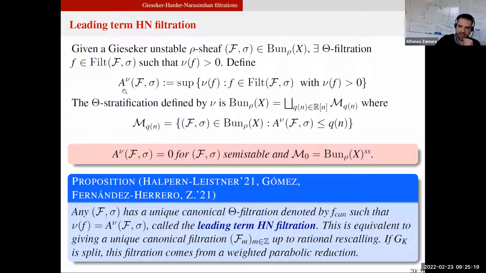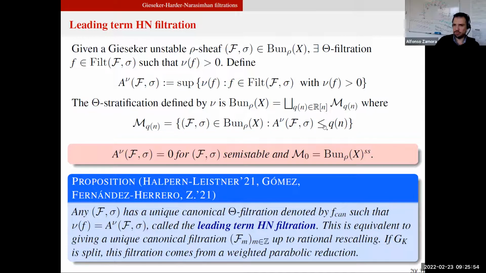Let us define these A's as the suprema of the values of the numerical invariant for each unstable object, the supremum taken over all possible filtrations giving a positive quantity in this numerical invariant. Then this stratification, the theta stratification, is indexed by certain polynomials, where each stratum can be described as all the objects whose supremum is bounded by this polynomial.